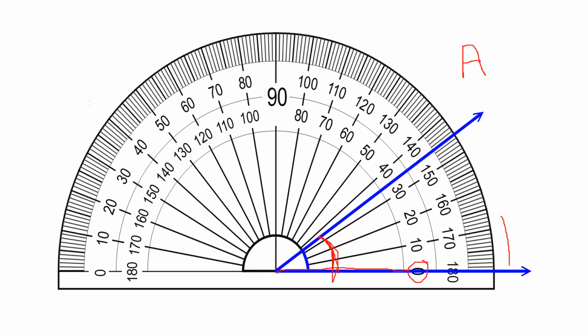I follow my protractor until I get to my other ray, and I can see that my other ray is not going exactly over a multiple of 10. This is also going halfway between my multiples of 10. So I'm going to circle the 2 degrees that it's in between, and I can see it's between 30 and 40. I know that halfway between 30 and 40 would be 35 degrees.